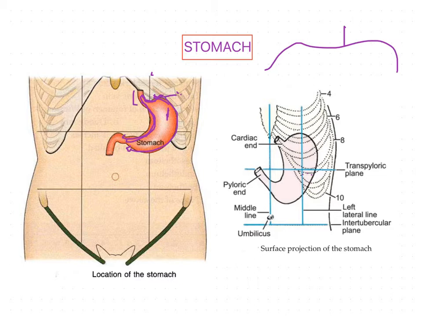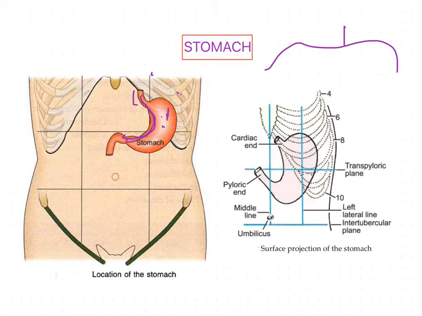Now coming to the surfaces. The stomach has an anterior or antero-superior surface, and the other surface is called the posterior or posterior-inferior surface.